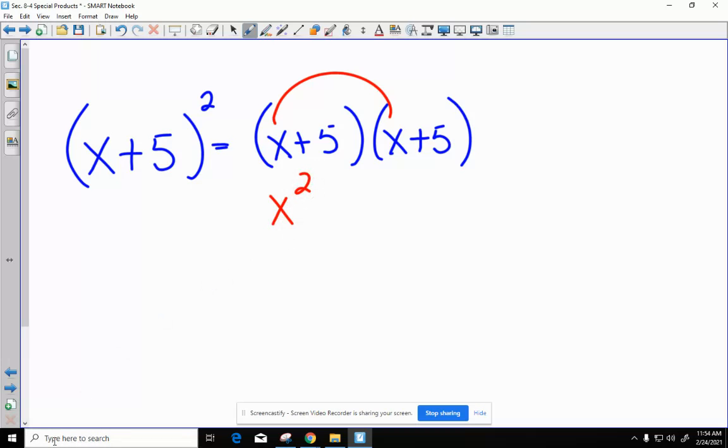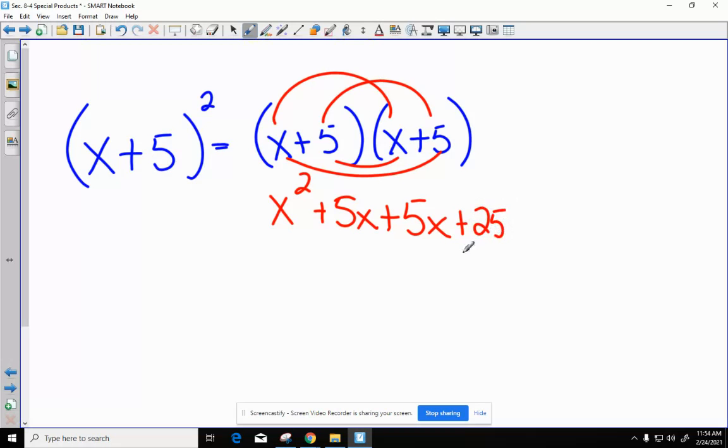Next, outer, which is x times 5, which is 5x. Olivia, what's next? Another 5x, because the outer 5 is there. And then last is 25. 5 times 5 is 25. So my final answer here is x squared plus 10x plus 25. Very good.